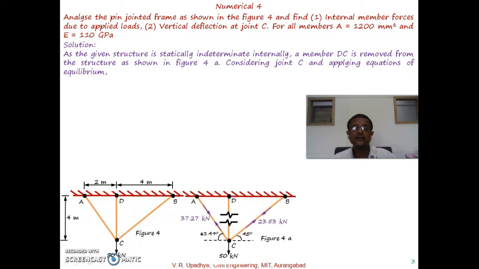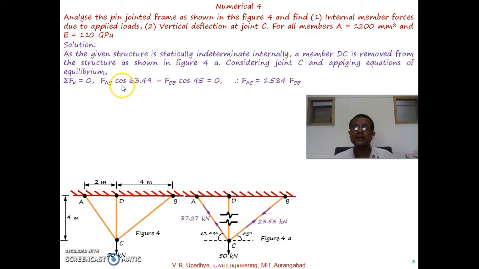So that member CD is removed, and this particular structure is called the basic determinate structure. Considering the free body diagram of joint C and applying summation Fx equal to 0 by the method of joints, we get FAC cos 63.49. This angle is 63.49 with this 2 meter and this 4 meter.